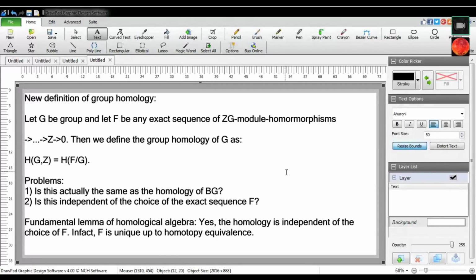By the way, such an exact sequence has a name. It's called a resolution. We call such an exact sequence a resolution of Z over ZG. The resolution of Z means that it ends in Z, and that the resolution is over ZG means that it's all ZG module homomorphisms.